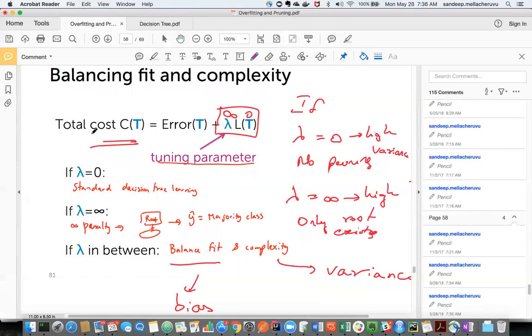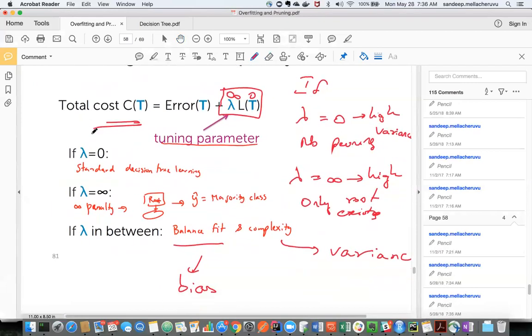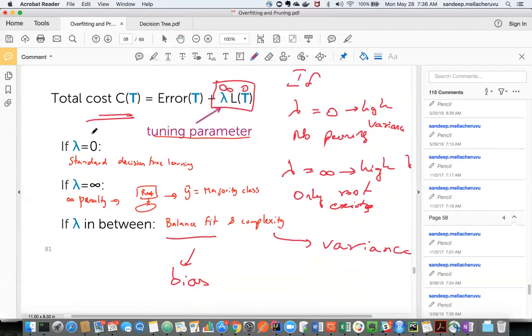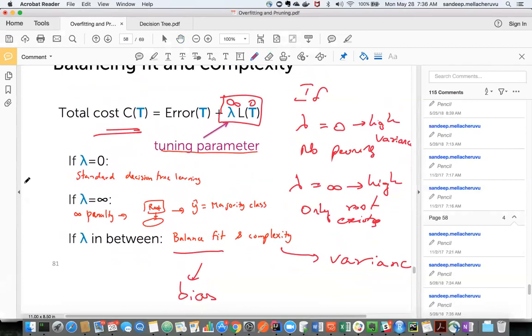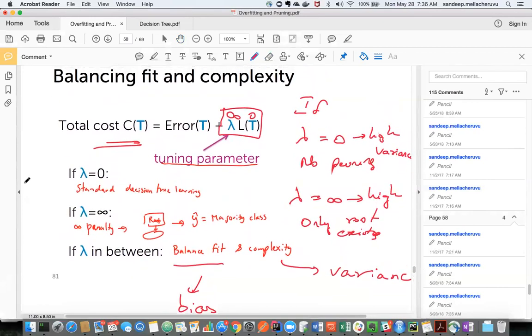You're going to get a moderate bias and moderate variance model. Is that clear? This is very important. If you understand this, the remaining machine learning I can teach very easily. That's why I'm pushing more.